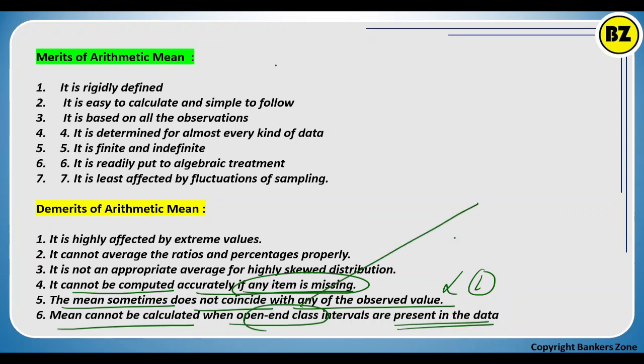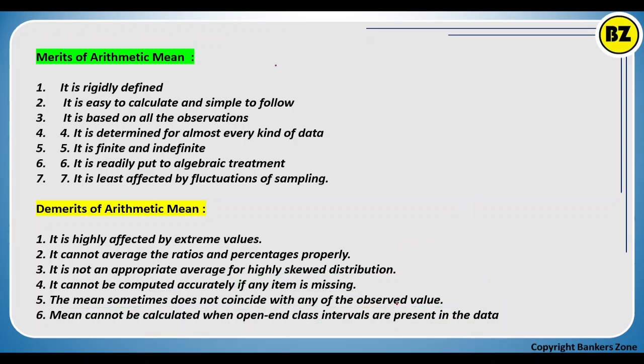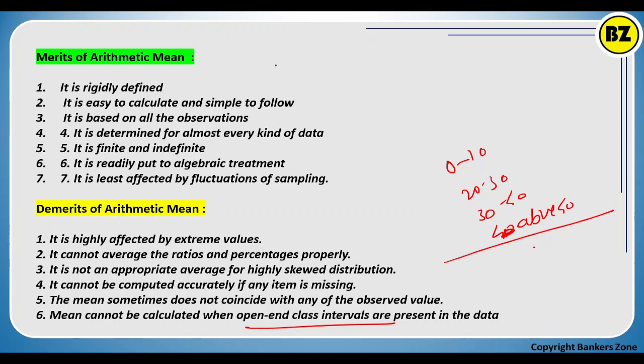What is an open class interval? See, suppose this is the interval 0 to 10, 20 to 30, 30 to 40 and 40, or say even it is written simply above 40. So above 40 is the last value, but we don't know the exact value above it. So it is called an open end. One end is open. If instead of 0 to 10, they write below 10 or below 20, what should you take for below 20?